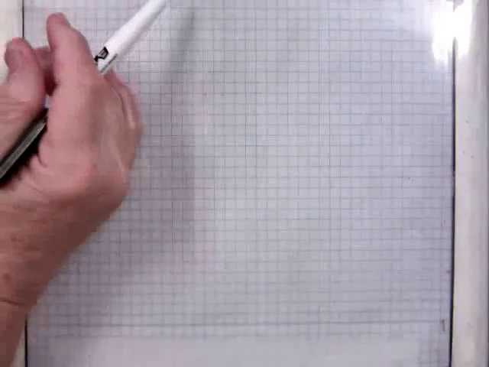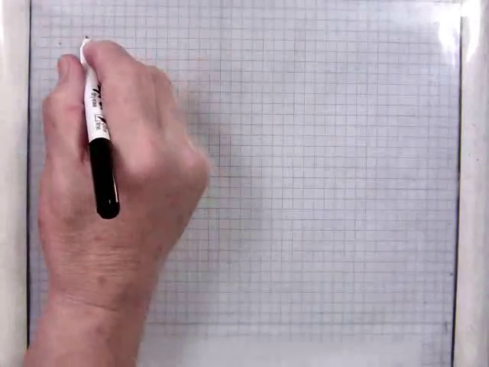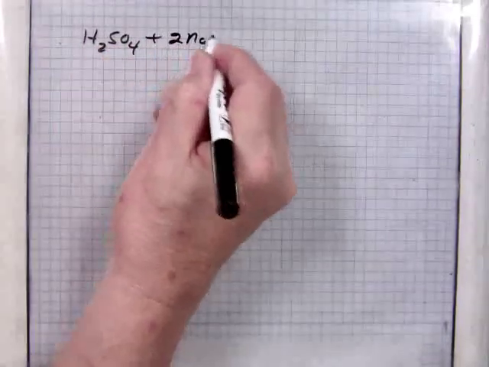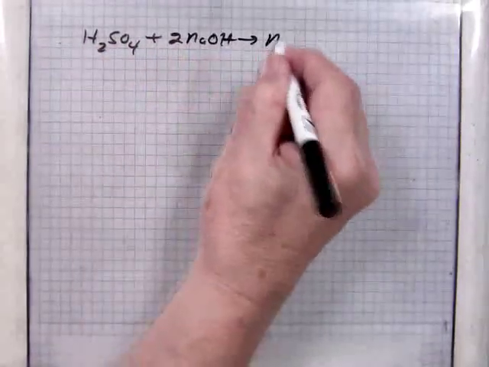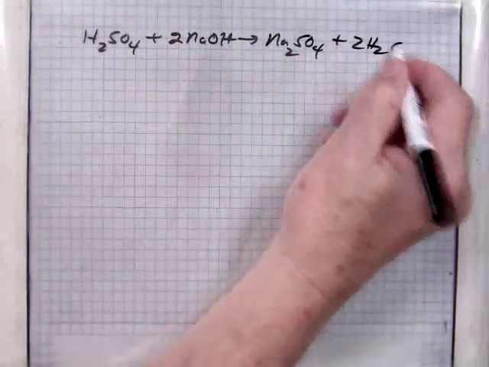So, you want to keep in mind how the equations relate. Okay, let's say you have a solution phase problem. One of them was H2SO4 plus 2 NaOH going to Na2SO4 plus a couple of H2Os out here.